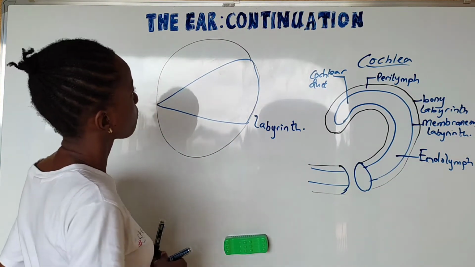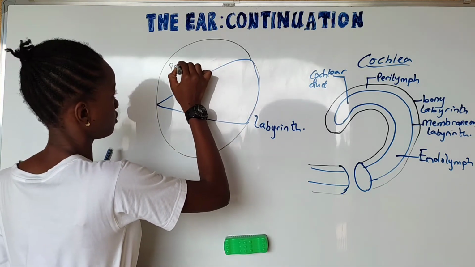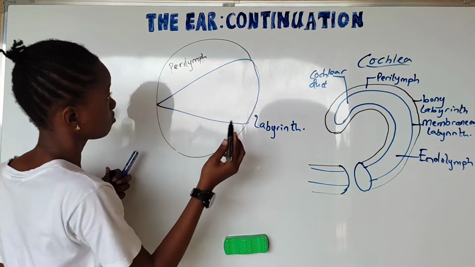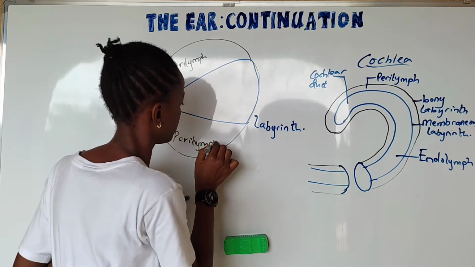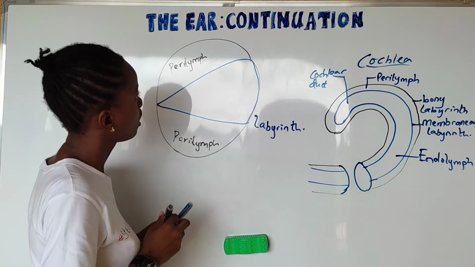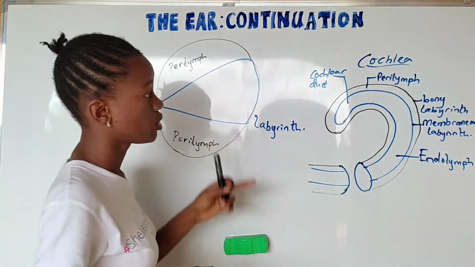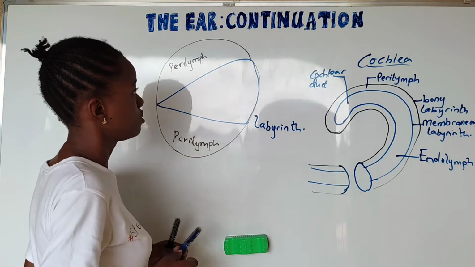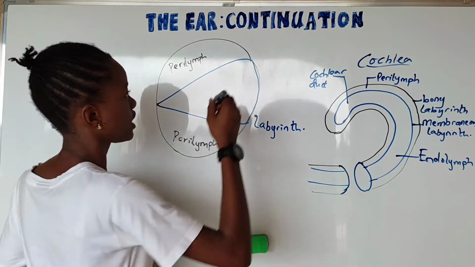As I said before, the fluid here is called the perilymph. That's the fluid contained in the bony labyrinth, so this fluid fills up these parts. Now we are going to draw the inner structure of the membranous labyrinth, which is the cochlear duct. The fluid that is present here is called the endolymph.